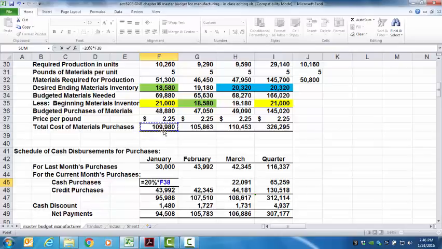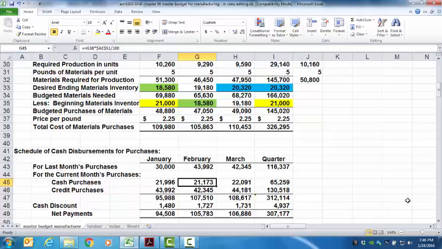So of what I'm buying, 20% of that is what I'm paying. And I would do the same thing over here for February and March, just take 20% of what I'm buying. Now, what is credit over here, remember that is 80%.